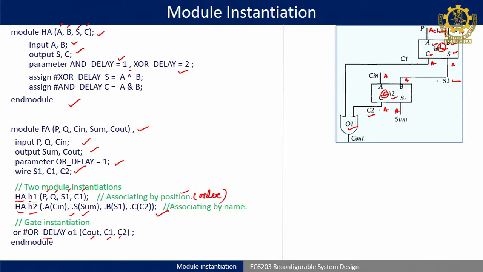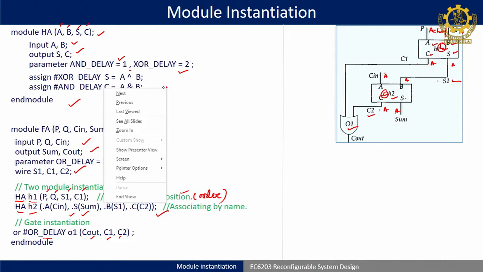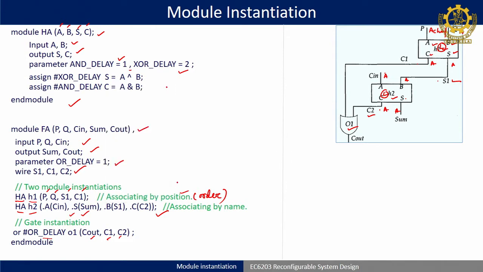There are two ways: either you first write down the small sub module, then you write the top module, and the tool will take care of mapping it. It can be like full adder at the top and half adder as the sub module, as you might have seen in tools.